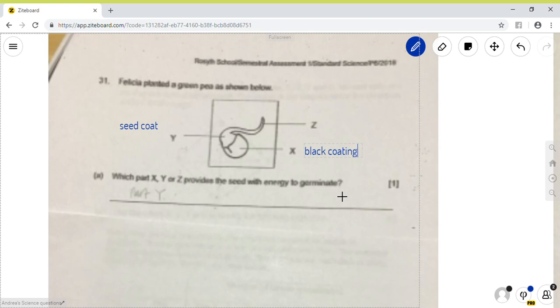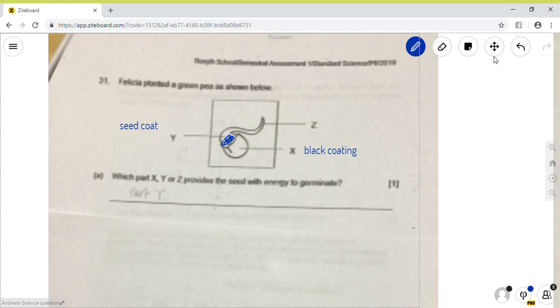Like a bean sprout. The black coating part doesn't provide the energy. It's the inside. I think this question is just referring to the inside, not the outside.